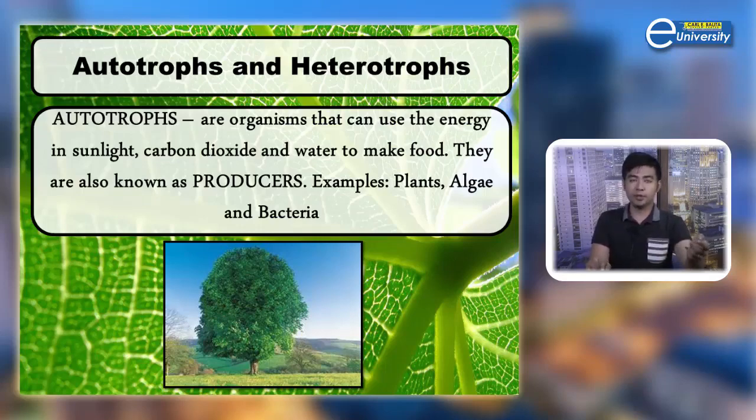The other term for autotrophs is producers. Examples are plants, since they are photosynthetic organisms. We have algae, since some algae have chlorophyll, or are known under the group of chlorophyta, and also some photosynthetic bacteria like the blue-green, the cyanobacteria.